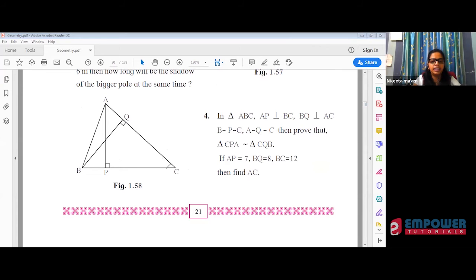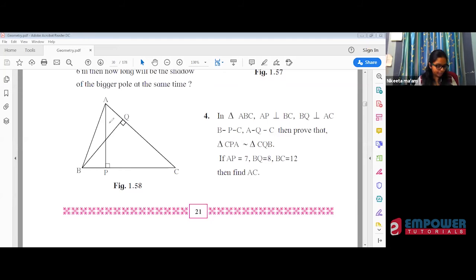Okay, this is the easiest one. Yes, prove. How will you prove that this triangle and this triangle are similar to each other? Yes, triangle CQB is similar to triangle APC or CPA, by AAA or AA.